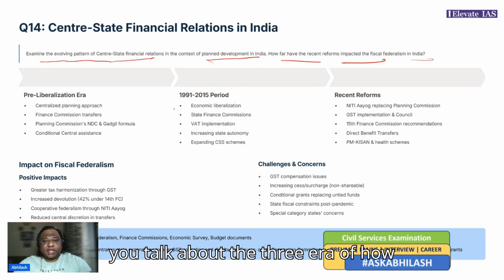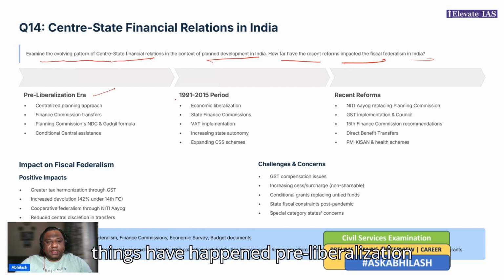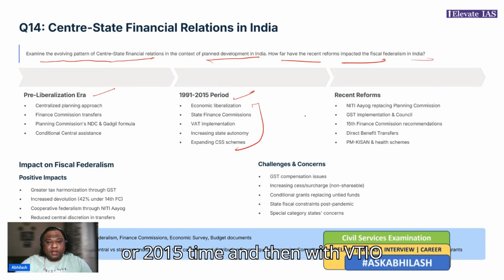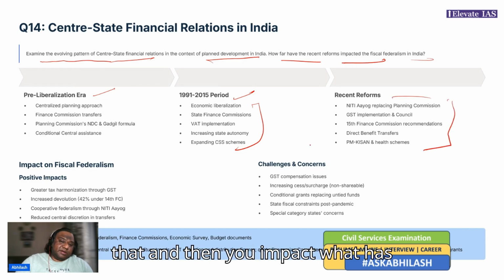You talk about the three eras of how things have happened: the pre-liberalization era, then the Planning Commission time, the 91 to 2015 time, and then Niti Aayog coming in and replacing it, like that. And then you discuss the impact of what has happened.